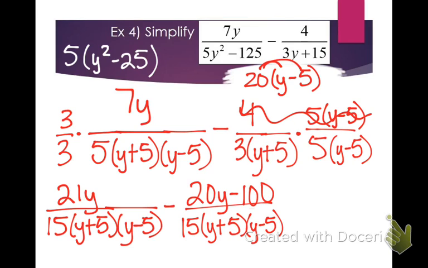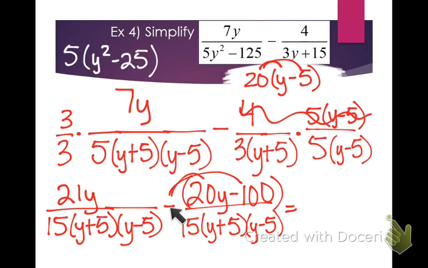Now on this we have to be careful. We have a common denominator now, that's nice. But yesterday, what did we have to watch out for when we were subtracting? The negative. Oh, the negative, change that to a positive 100. Good. So we are subtracting both the 20y and the minus 100. I'm not going to require you to write out a whole other step, but you might want to put that in parentheses so that you remember we have to distribute the negative in.